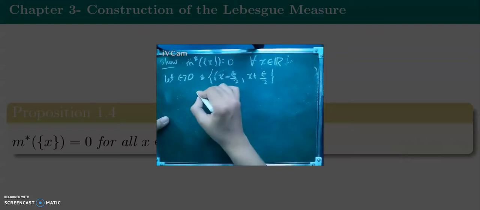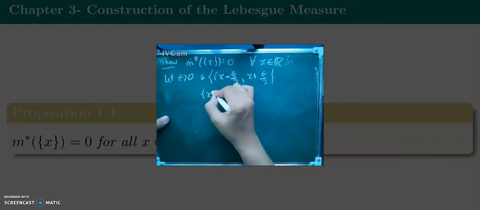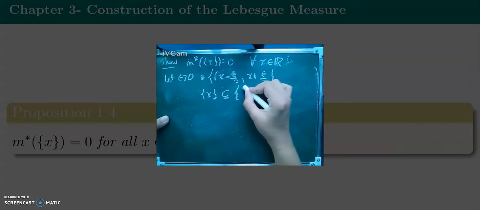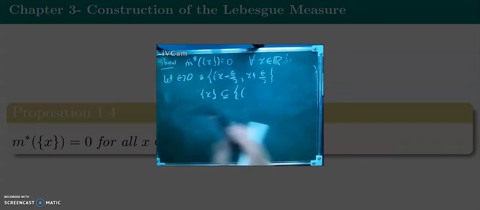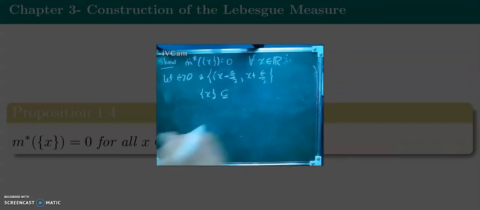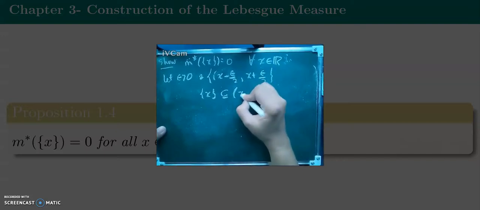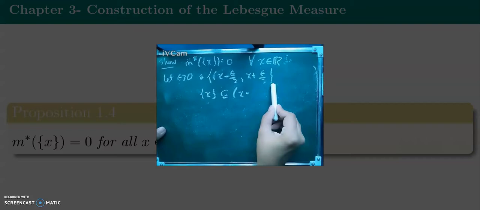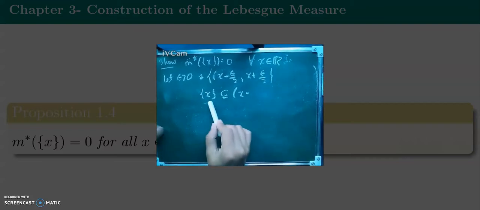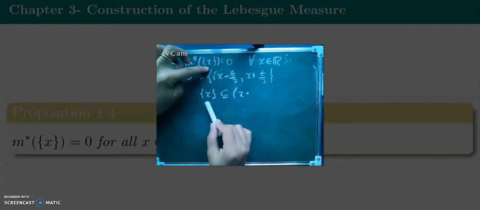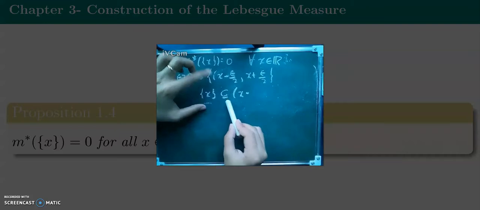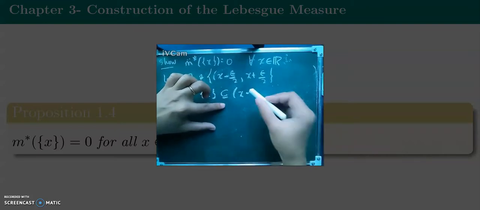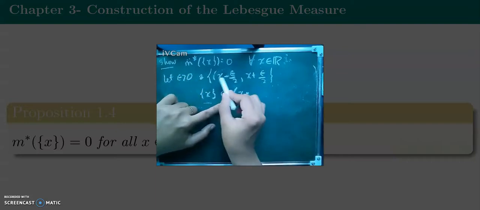That is, we have this set {x} is a subset of this open interval. In our definition, if this collection is an open cover of this set, we have here the A from earlier, so it should be contained in the union of I sub n. So here, our I sub n is this.